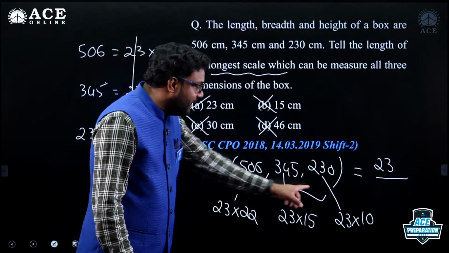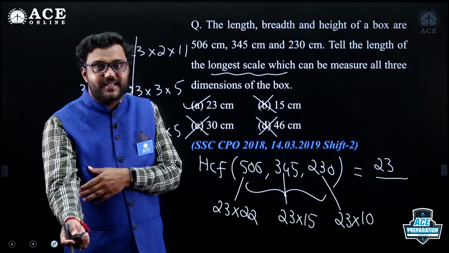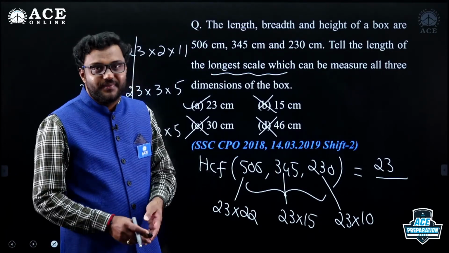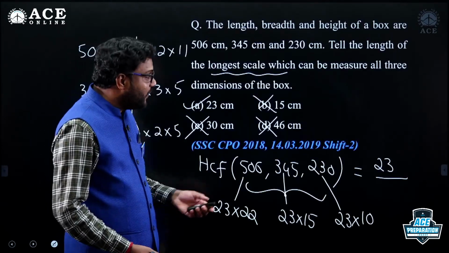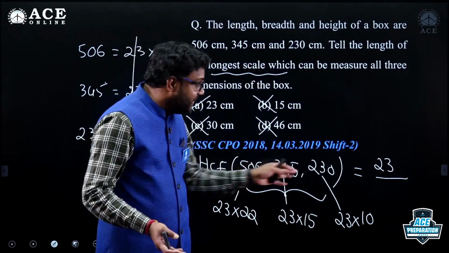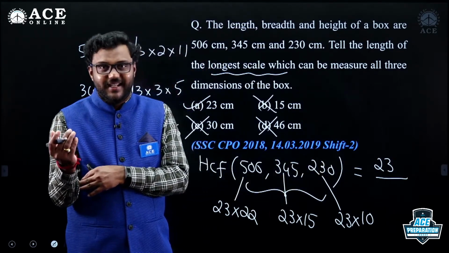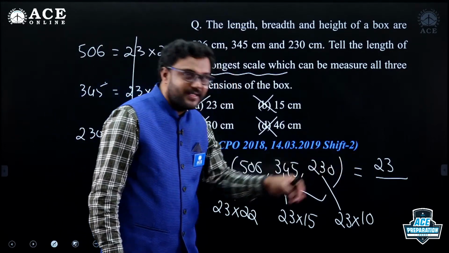All this can be measured exactly if you have a 23 centimeter scale, the longest scale which can measure all those. One also, why only 23? One is also possible, I can take a 1 centimeter scale and measure, but that's not the largest. You want to find the largest one which is used to measure all this.